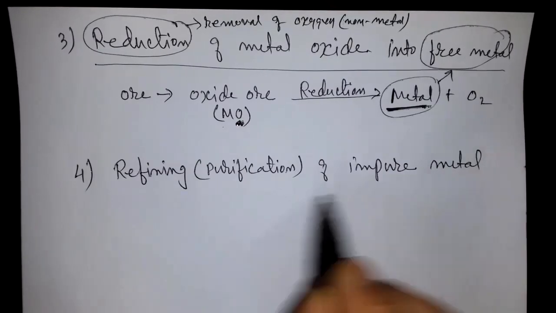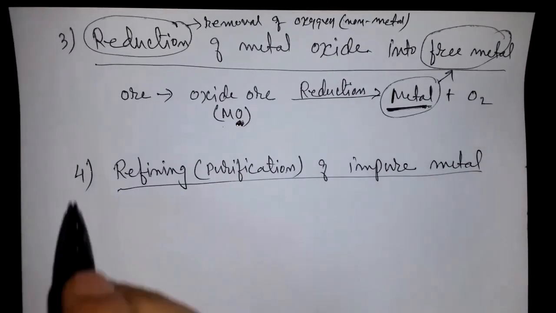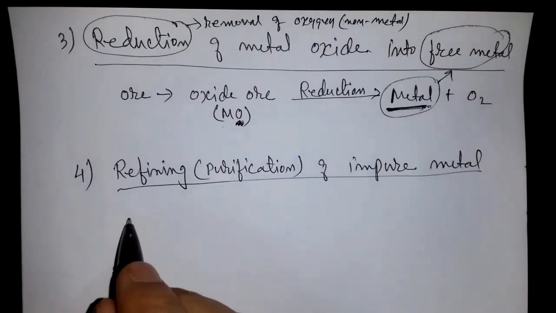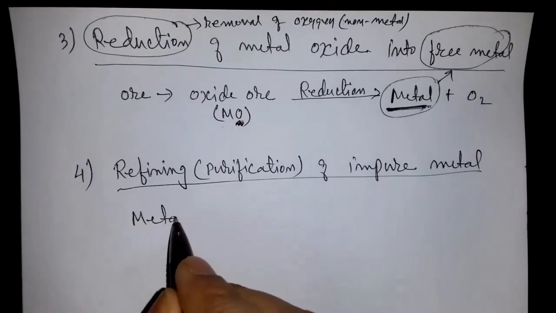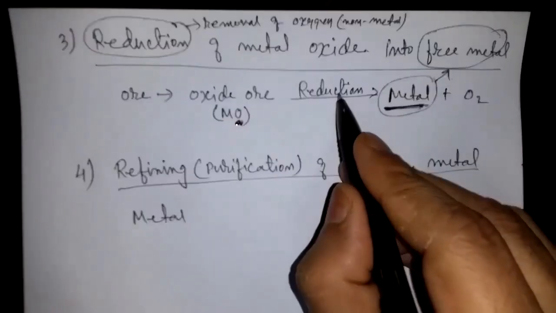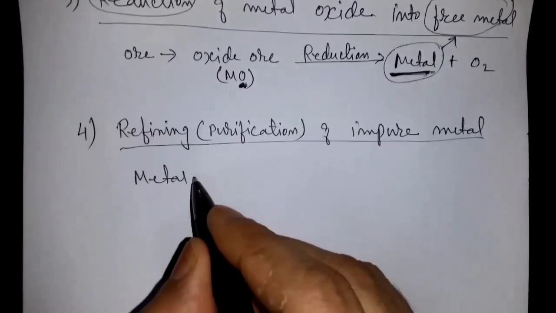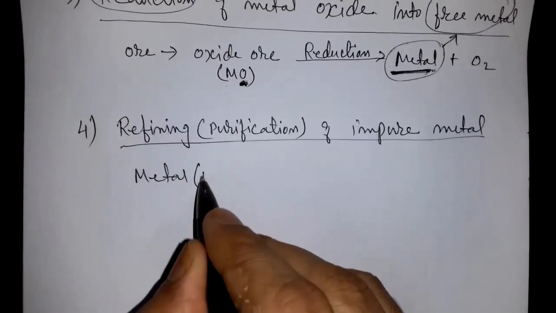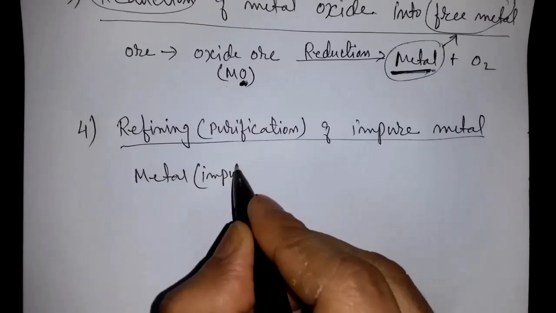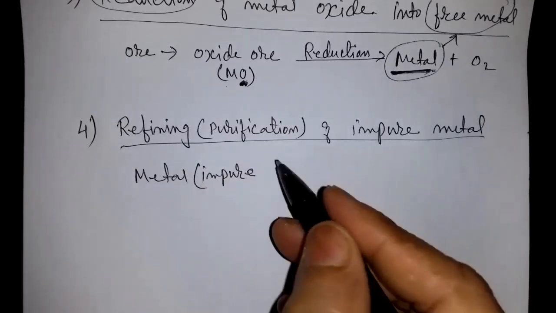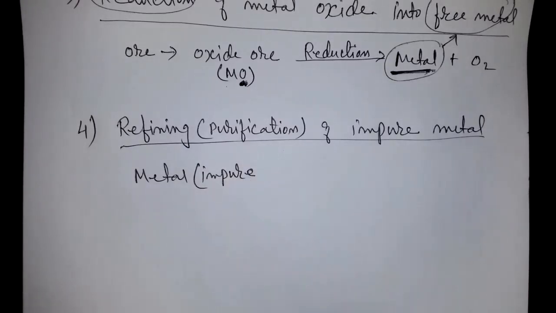So in step 3, we receive metal, we already got free metal by reduction, but in most cases, the metal which we are getting will be impure. In some cases, if your metal is pure, then don't do this last step. It also depends on what you are going to do with that metal. If the metal is used for general day-to-day activity, then 100% pure is not needed. We need 100% pure metal if we are doing some chemical reaction.